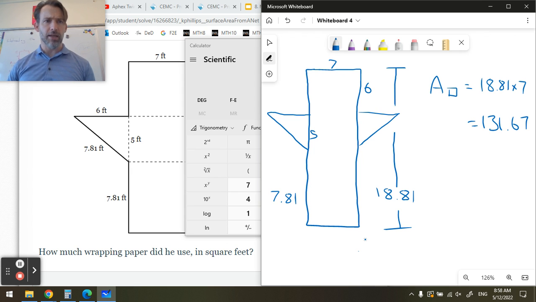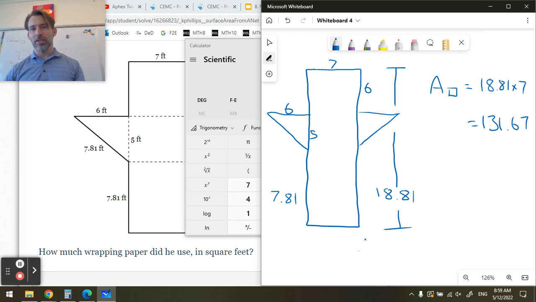Okay, equals 131.67. Always make that little guess before you push equals on your calculator because it really does train your thinking about these things. And next are these triangles. The triangles are 6 by 5. There are 2 of them, so combined area 30. I know because 6 times 5 is 30. If I divided it by 2 and then multiplied by 2 because there's 2 of them, I'd get 30 back. Okay, I'd get 15 times 2.